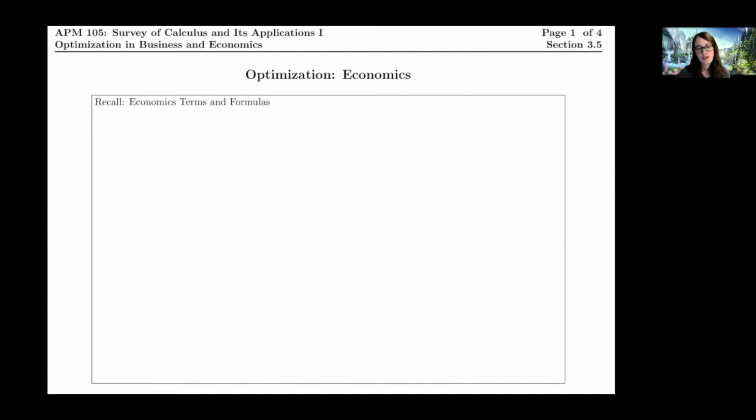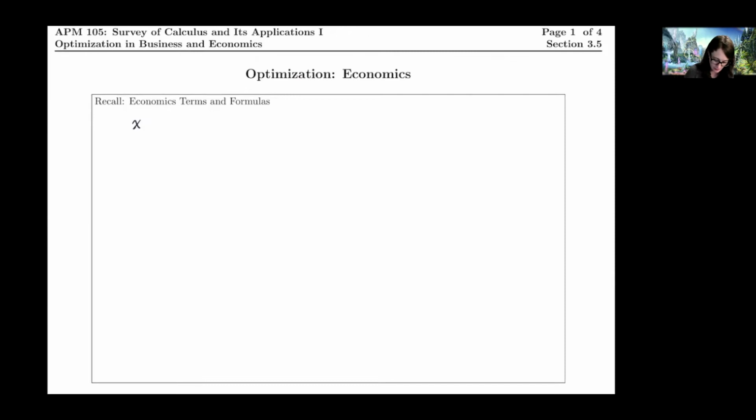So we're going to look in section 3.5 at optimizing in an economics sense. So before we do that, in case you'd like a review of all of the economics terms and formulas, I'm just going to review that with you. We have a lot of different letters that we use for different things, but in this class and in this economics context, we need to make sure that we understand what each thing means.